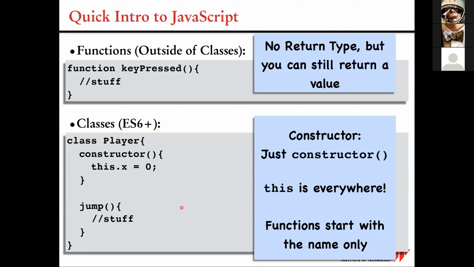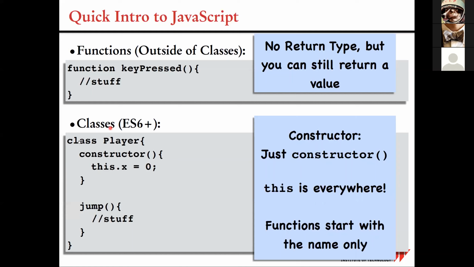To make a field in a JavaScript class, you can do something like this.x equals 0. x is now a field that is part of this class. So what this means is you're going to have this basically everywhere. That's one of the things I'm not a big fan of in JavaScript. But we're going to see this all over the place, and I'll probably miss it now and then as well. That's why the debugging stuff is quite useful.